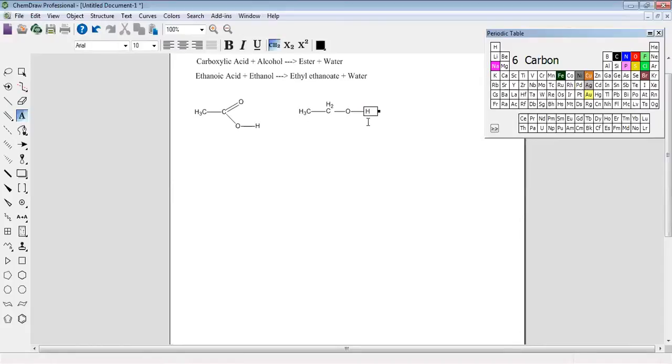And in this way, we have the OH bond to the alcohol, and hence we have the whole structure. Now you can see the ethanoic acid and the alcohol in front of you. Now what we are supposed to do over here is actually stepwise.